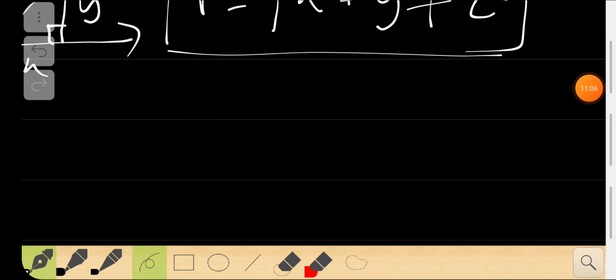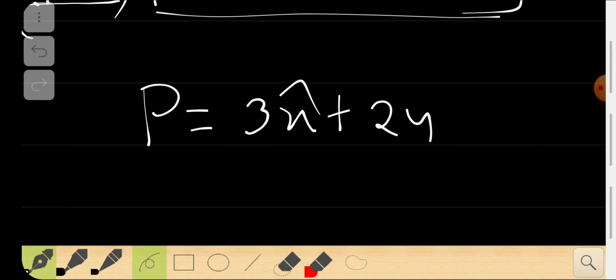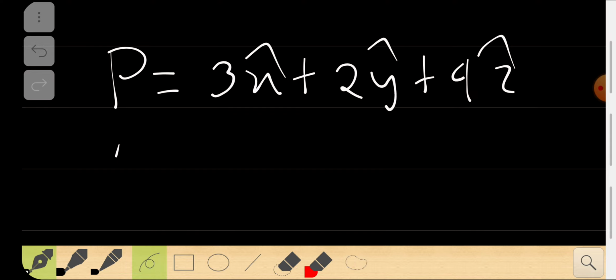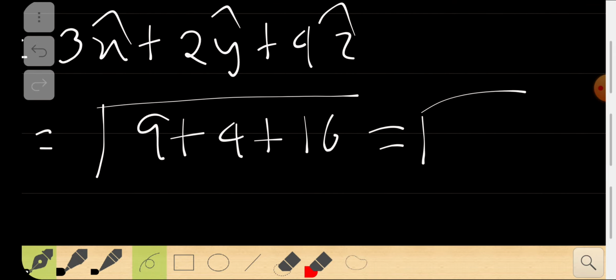As an example, say you have a vector p equal to 3 times x cap plus 2 times y cap plus 4 times z cap. You can say the magnitude of p will be equal to the square root of 9 plus 4 plus 16. So that's equal to the square root of 29.